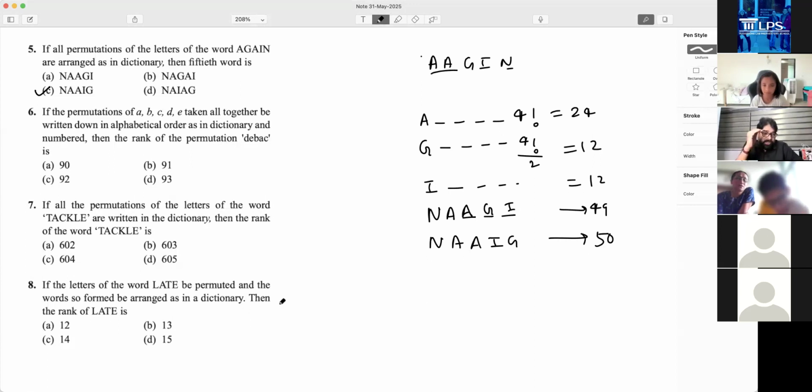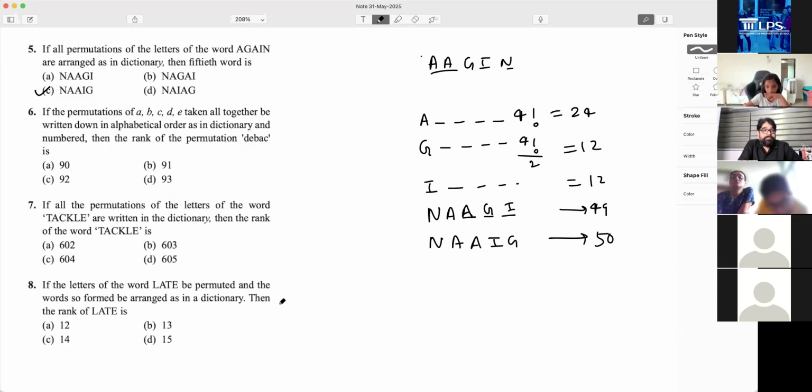You have to just write in alphabetic order and then you have to check at which position that word will come, DEBAC. Yes, Vanisha, correct. Oh, a mistake.